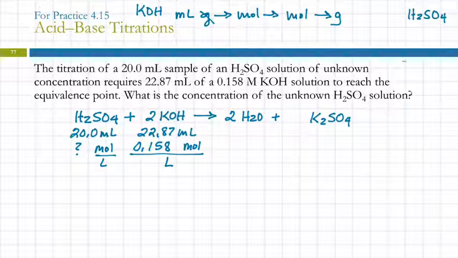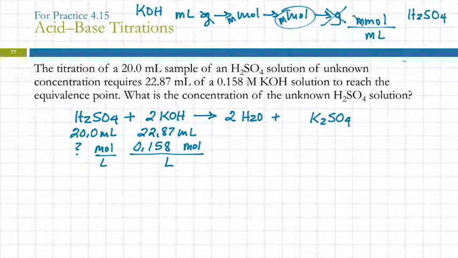We've got milliliters, and so we're going to make this millimoles and millimoles. And then at the end, we're not actually going to grams. So what we're going to do is we're going to stop here with millimoles. And if we take millimoles and divide by milliliters, the millis cancel out and we get moles per liter. So that's the plan.